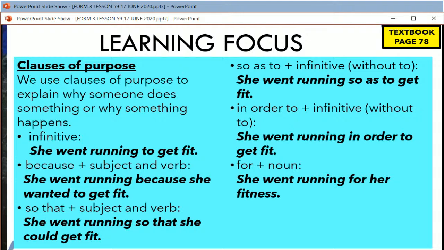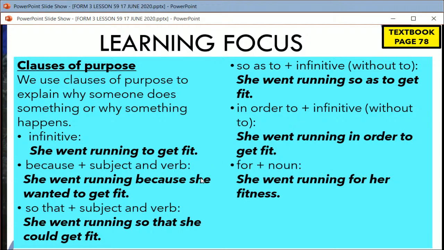You have here 6 sentences using clauses of purpose: infinitive only, because plus subject and verb, so that plus subject and verb, so as to plus infinitive, in order to plus infinitive, or for plus noun. It's in your textbook, page 78. All the same idea, different way of saying it.